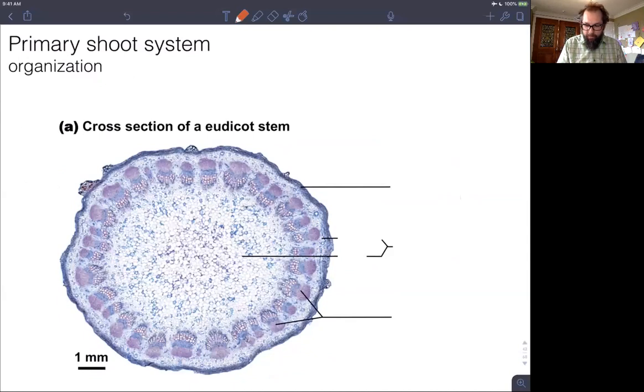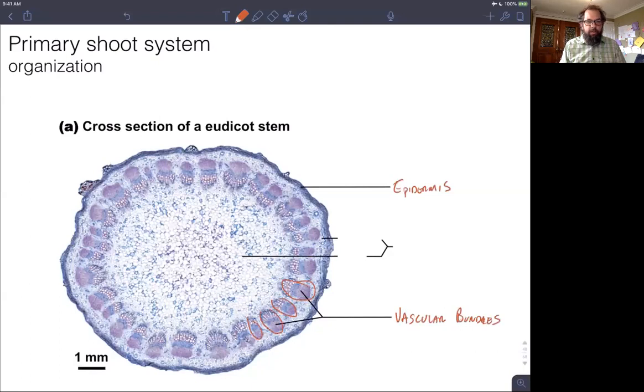On the outside of this stem cross-section, we have the epidermis. Each of these, arranged in a ring around the stem, are vascular bundles. So those are the vascular tissue.